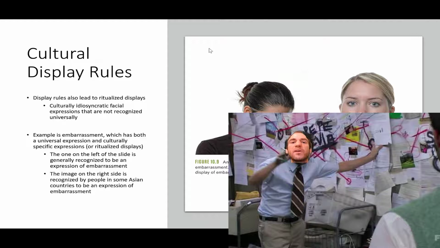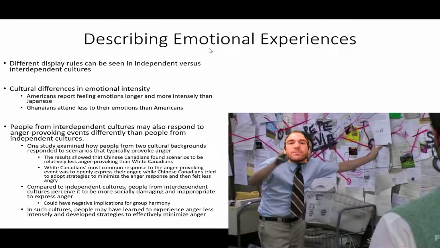So again, evidence for the universality of some emotions. However, display rules and the expression of some of these so-called basic emotions differ across cultures, which again provides evidence of cultural variability in cultural learning and the expression of emotions.